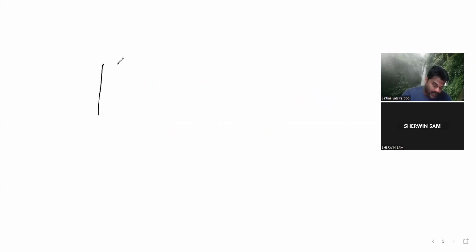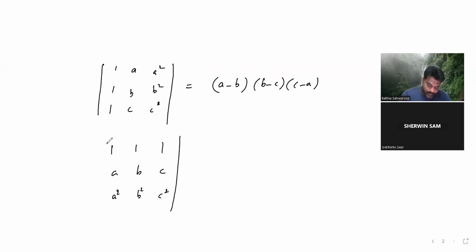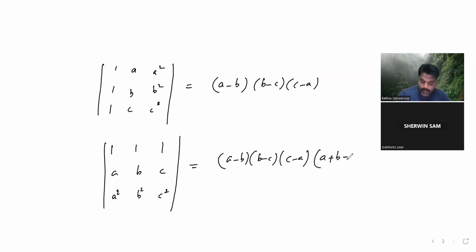For example, you see something like this: 1, 1, 1, A, B, C, A square, B square, C square. If you observe increasing powers in rows, 1 A A square, 1 B B square, 1 C C square, then the result will be A minus B into B minus C into C minus A. The same thing reversed: then the value will be A minus B into B minus C into C minus A into A plus B plus C. So this part is extra added.